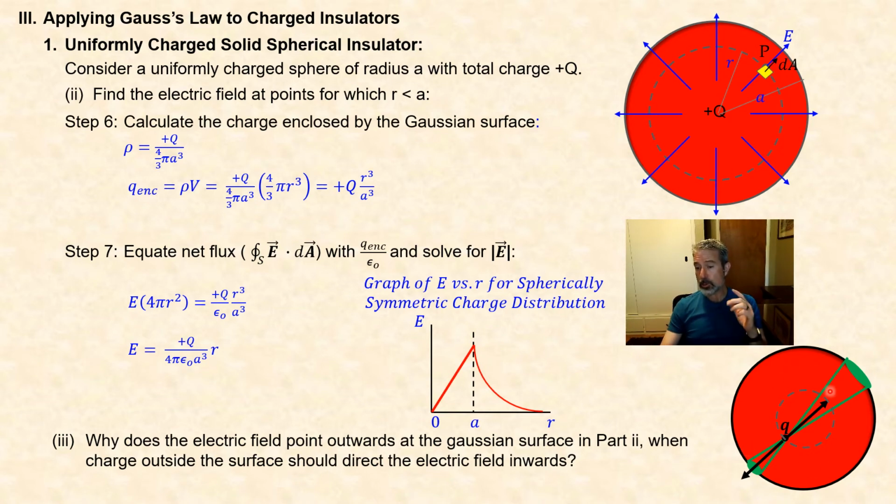The end result is that it's only the charge that is really underneath you between the center and that field point that is going to make a contribution. Any charge outside of the Gaussian surface here is going to cancel. And so what we find out for electric charge is exactly what we found out for the case of gravity.